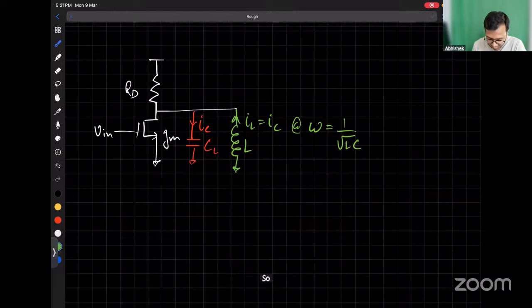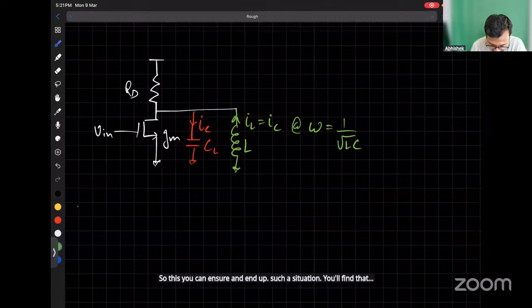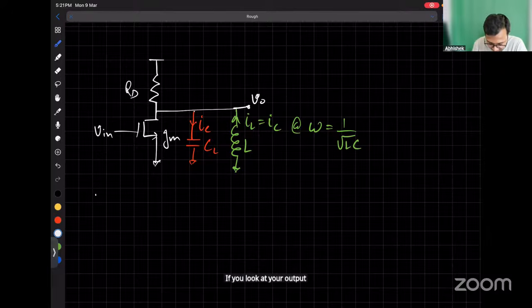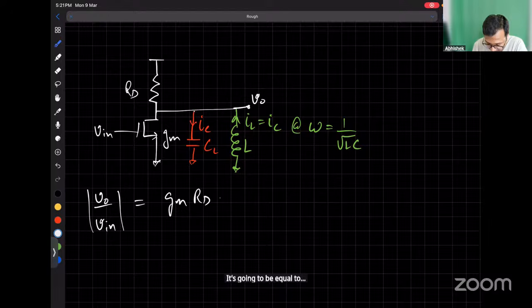So this you can ensure, and under such a situation, you'll find that if you look at your output, then your VO by Vin is going to be equal to GMRD at omega is equal to, let's call it omega naught.